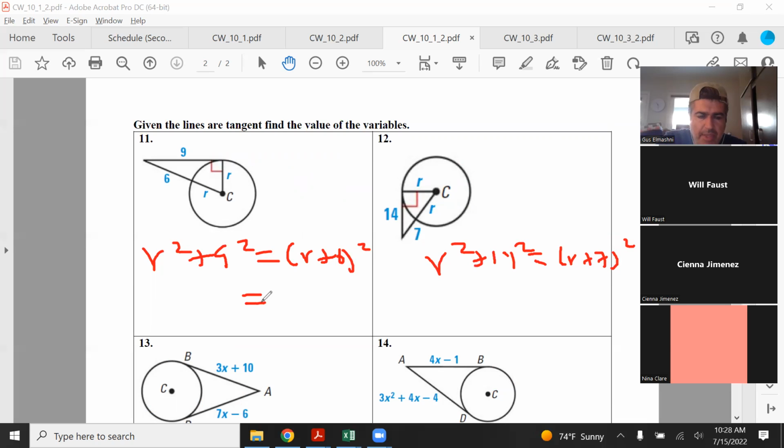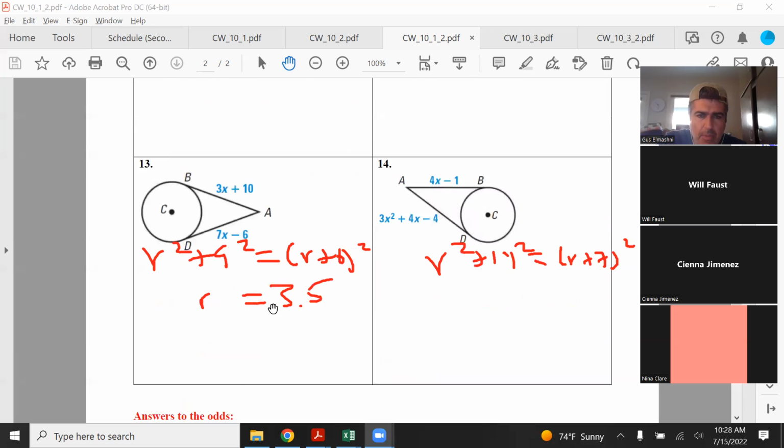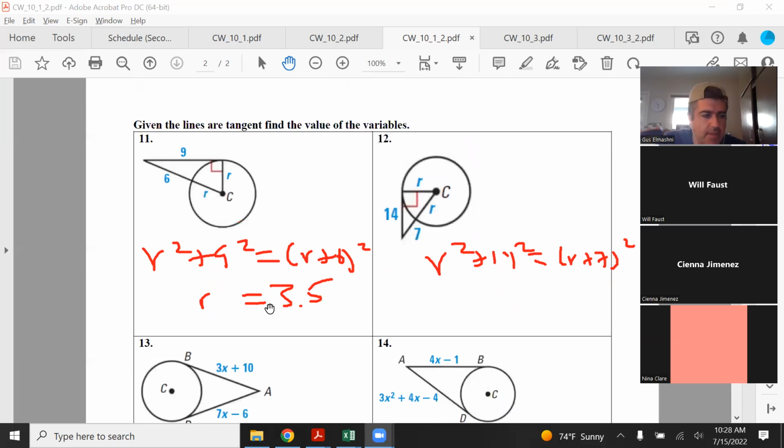You should get, I think, I'm trying to think here. 81 minus 36. I think you get r equals 3.5 here, if I'm not mistaken, for number 11. Oh, 3.75, okay. Yeah, 3.75 if you were to work that out.